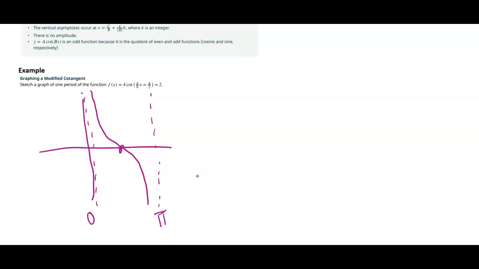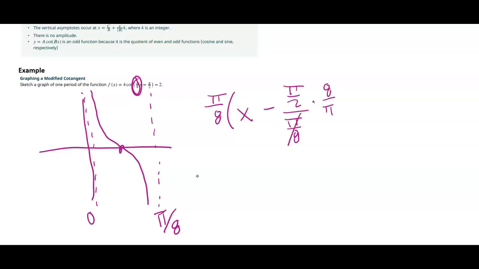All right, well, now my period needs to be pi over 8. So let's just do that. And then if I factor that out, because I have a shift as well, that's going to be 4. So this whole thing is going to get moved over 4.